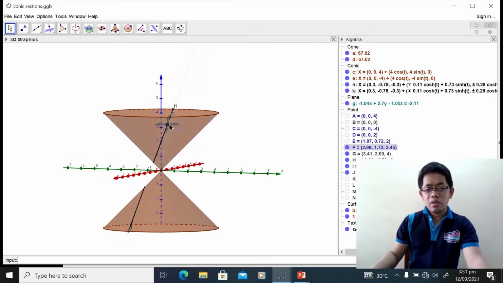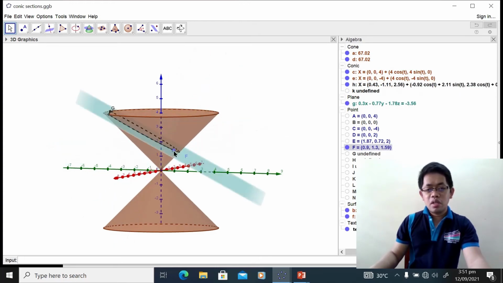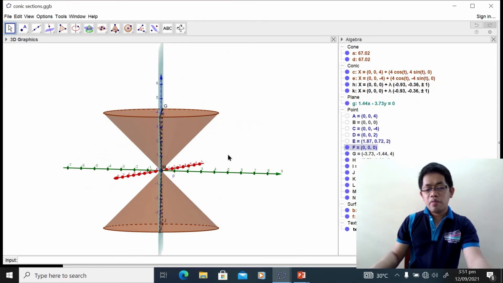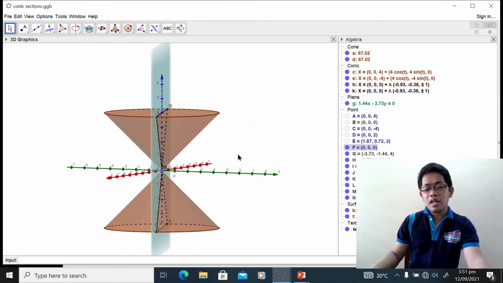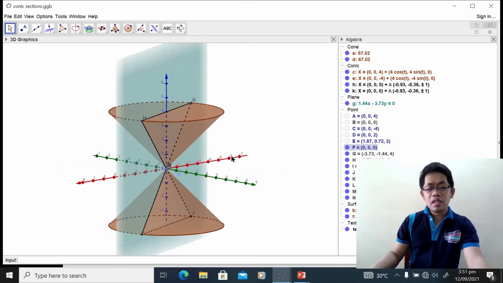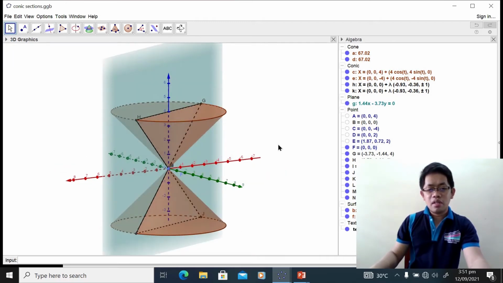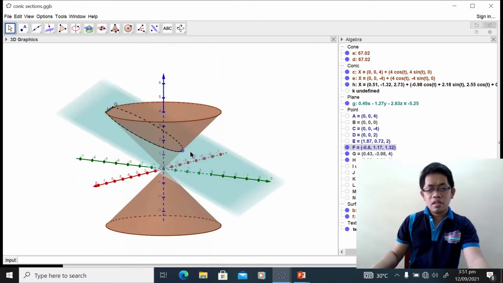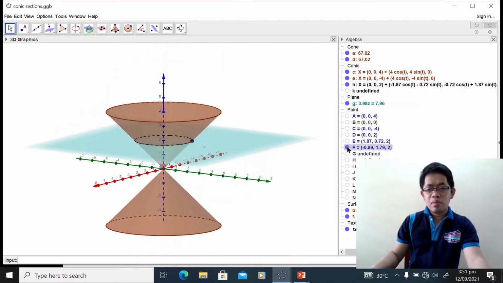Now, what about the degenerate conics? If the plane is vertical, we can actually form intersecting lines such as this one. Right. So let us establish different points as well.